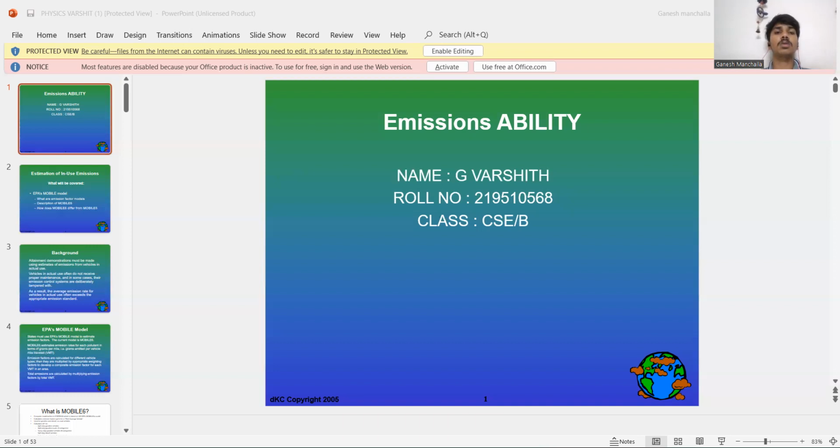What can the model do? It is an analytical tool that can be applied for air quality planning.